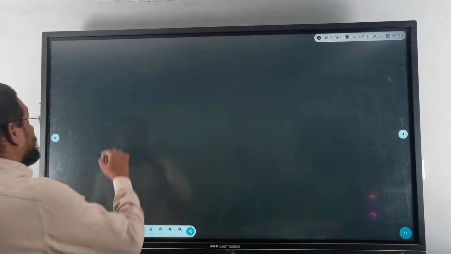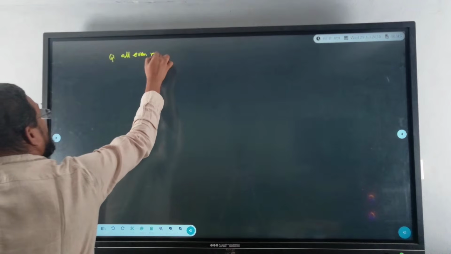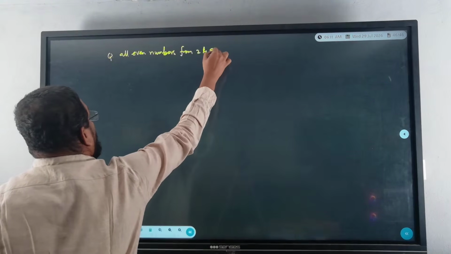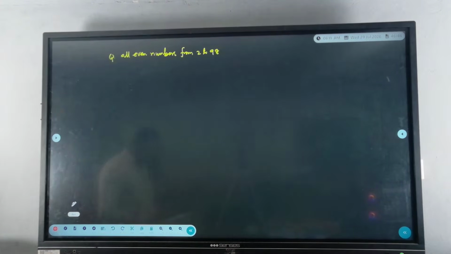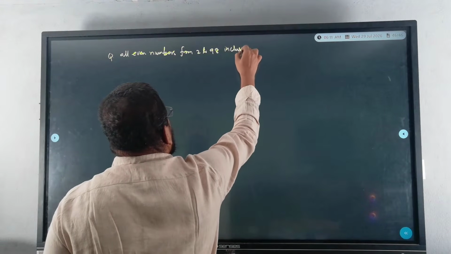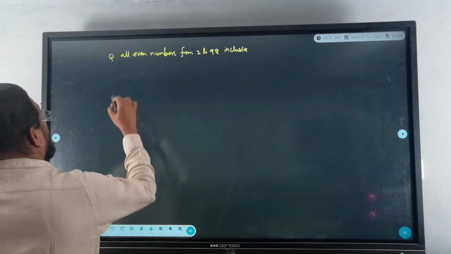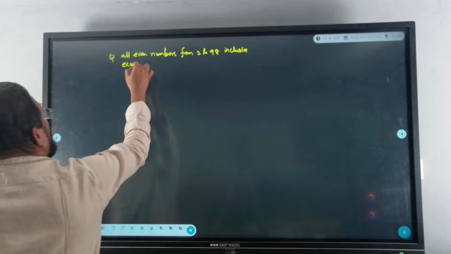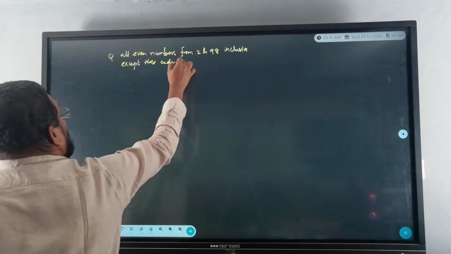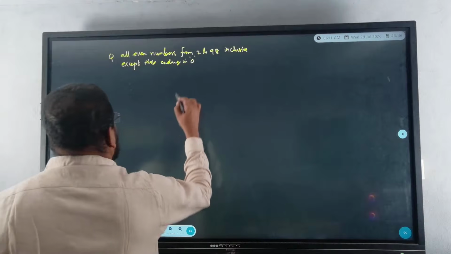Next question. All even numbers from 2 to 98 inclusive, except those ending in 0, are multiplied together.